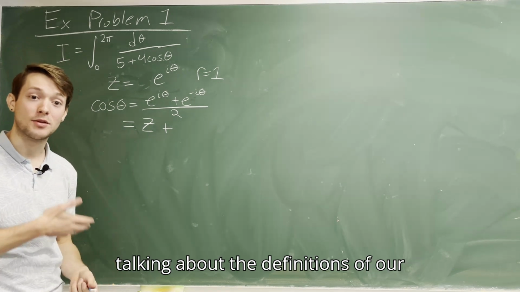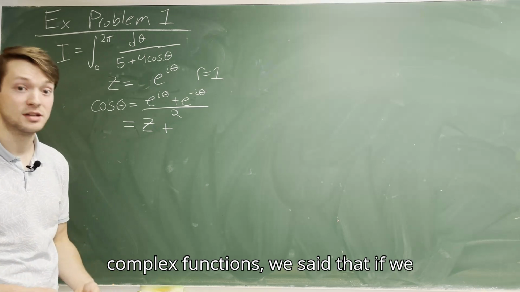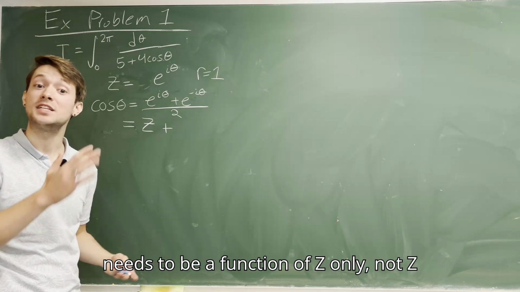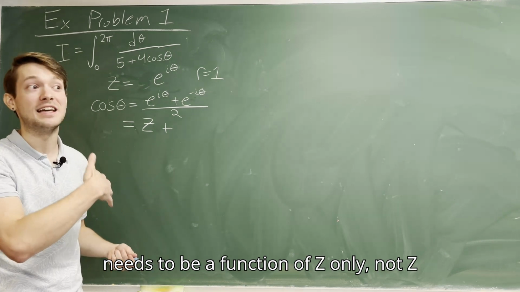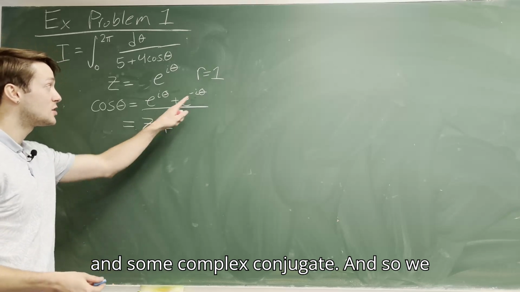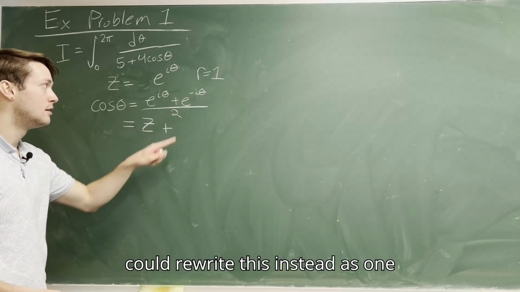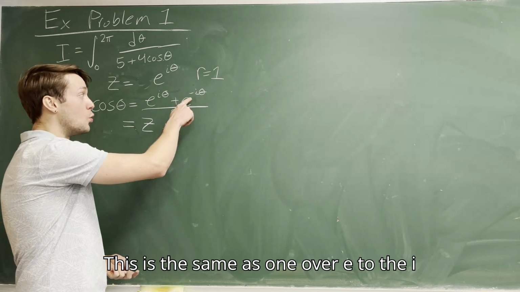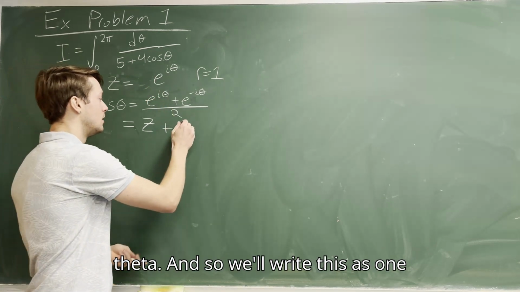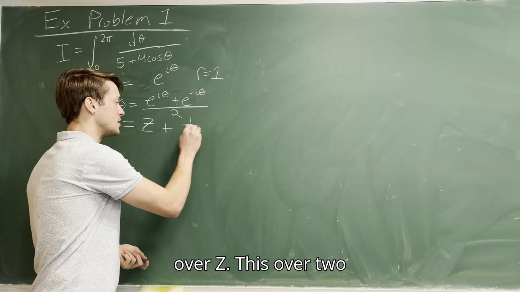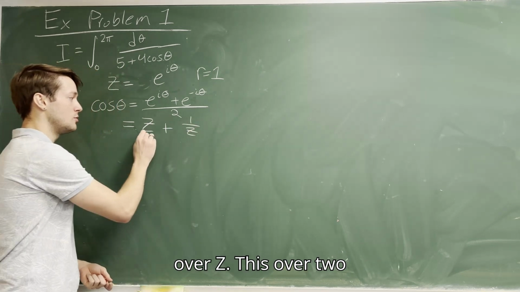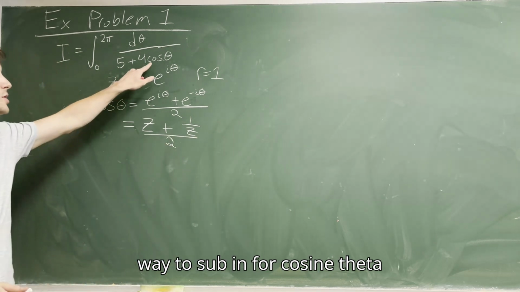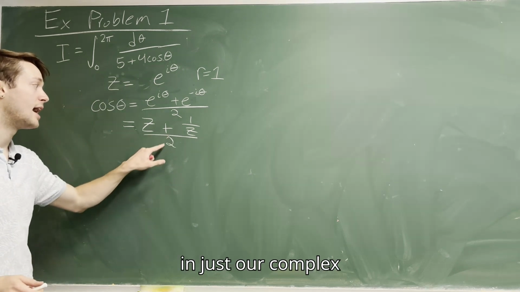Remember when we were talking about the definitions of our complex functions, we said that if we wanted our function to be holomorphic, it needs to be a function of z only, not z and some complex conjugate. And so we could rewrite this instead as 1 over z, the inverse of z, right? This is the same as 1 over e to the i theta. And so we'll write this as 1 over z. This over 2 sticks around, and we figured out a way to sub in for cosine theta in just our complex variable.